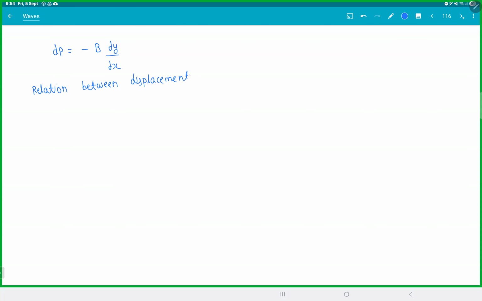At the same time, the medium gets compressed and expands. So both are happening at the same time. These are not two independent events, both are related. So if you take your regular equation, y is equal to a sine of kx minus omega t. This y is your displacement of particles at x coordinate.